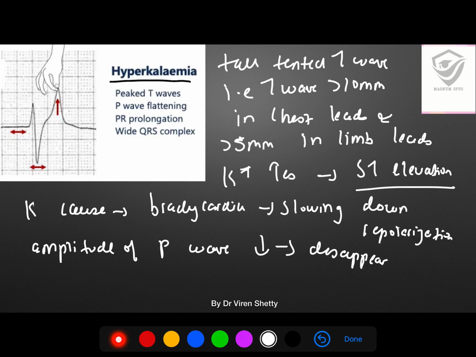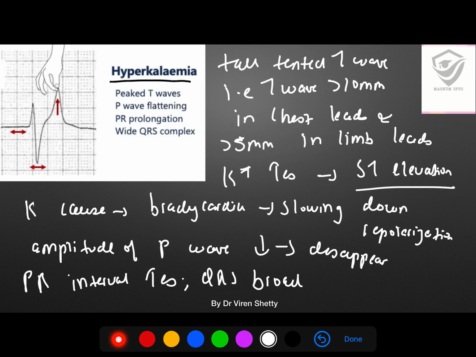So you get a tall T wave, you get ST elevation, the P wave will disappear, and because the heart is slowing down, the PR interval also increases, and the QRS will become broad.